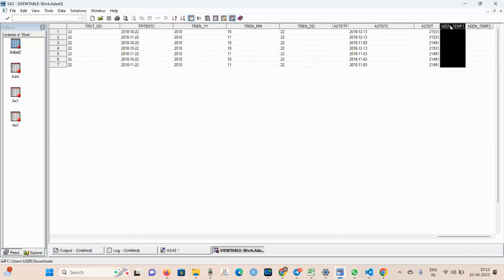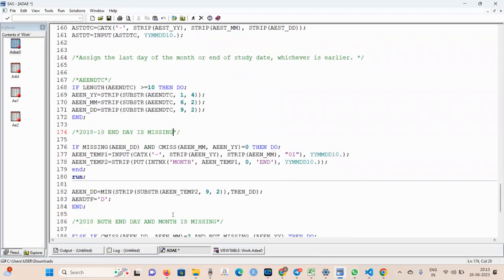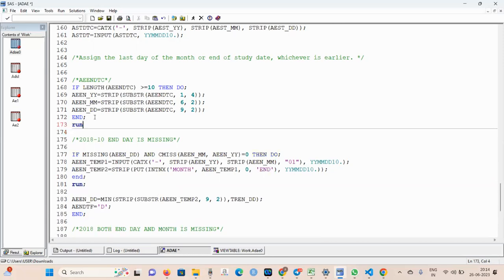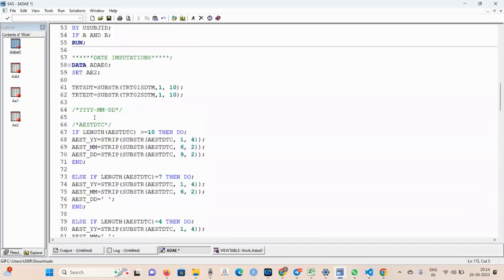Why is it not giving the tempo? So something is wrong here. AEN tempo. Let me check. One second, I'm just checking something.